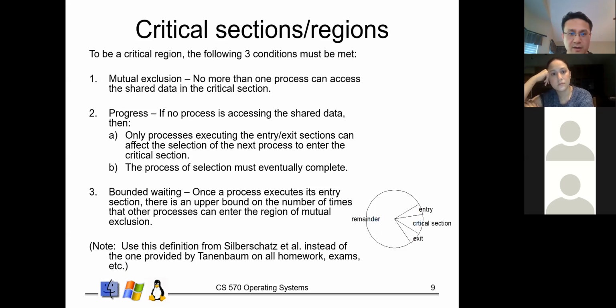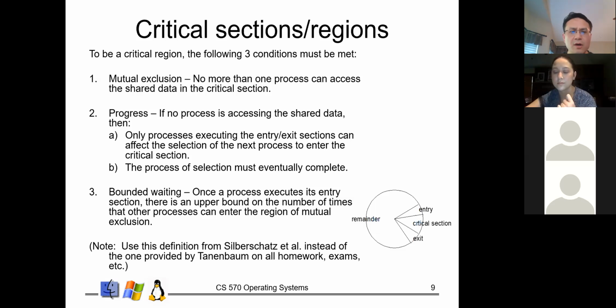Multiple processes can have different critical sections, but they are mutually exclusive to each other because they are all accessing the same shared data. It's not that the critical section has to be the same among all these processes.